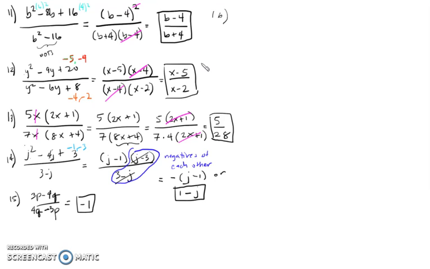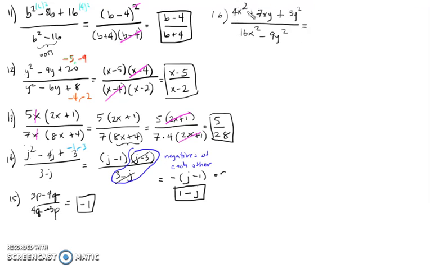Number 16, the given is 4x squared plus 7xy plus 3y squared all over 16x squared minus 9y squared. Again, it looks like a difficult one, but let us check.